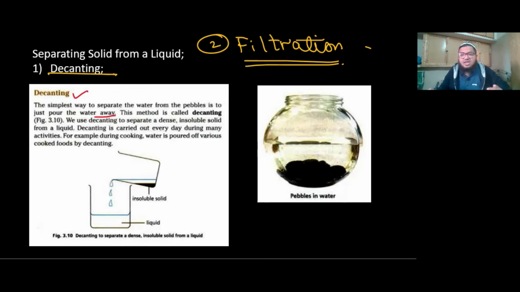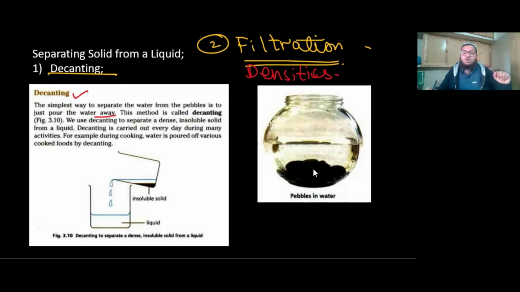After that time, all the solid will settle down at the base, and the liquid or clear water will remain on top. This is a method of separating on the basis of densities. Since pebbles are denser than water, they'll sink and accumulate at the bottom, whereas water, being less dense than the pebbles, will stay on top.